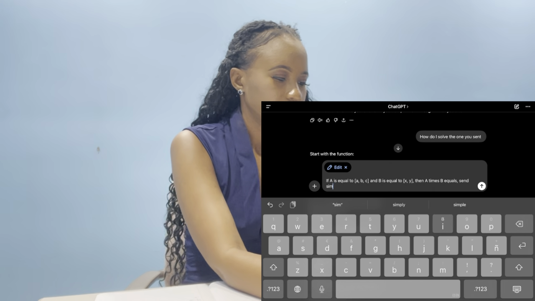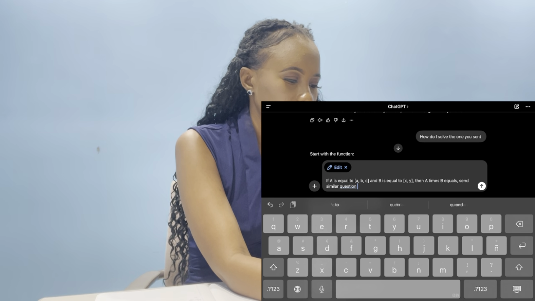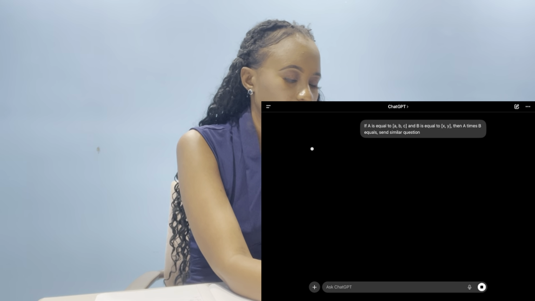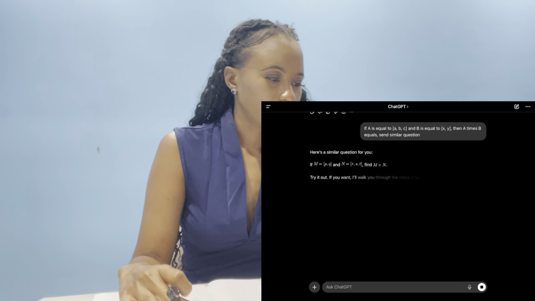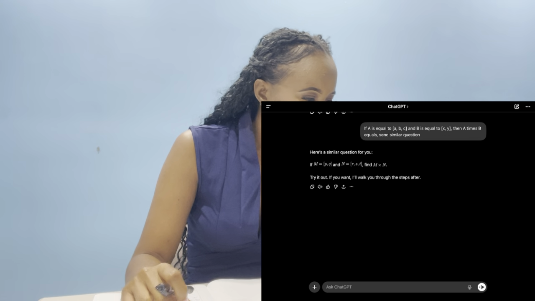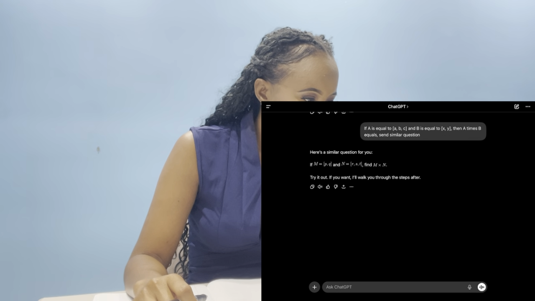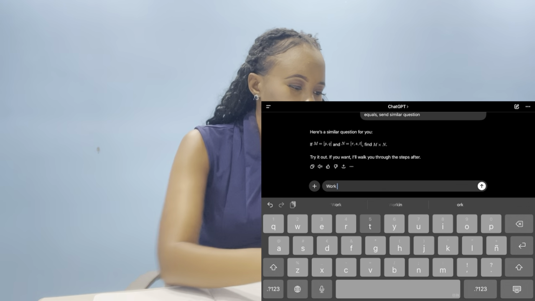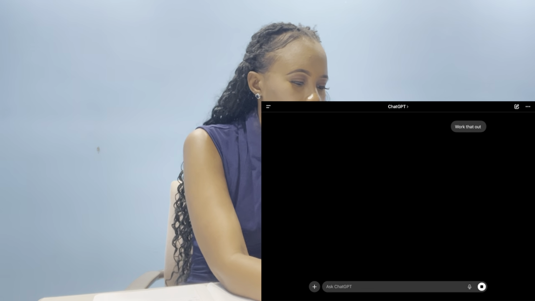Send similar question. If M is equal to {p, q} and N is equal to {r, s, t}, find M times N. Work that out.